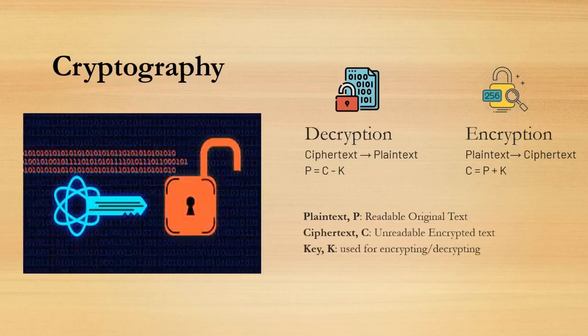Decryption follows the formula P equals C minus K. Again, P is for plain text, C is for ciphertext, and K is for key. Plain text is readable, ciphertext is unreadable or encrypted text, and key is used for encrypting or decrypting.